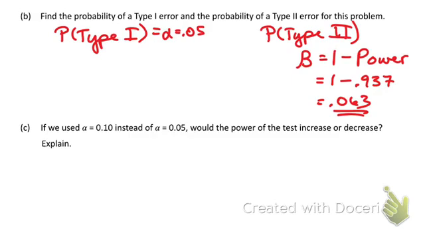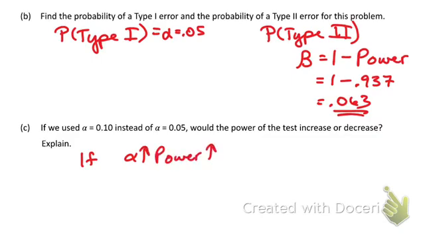Okay, what happens if we use alpha of 0.1 instead of alpha of 0.05? What's going to happen to power? Increase or decrease? Increase. Are we sold? All right. If alpha goes up, power goes up.